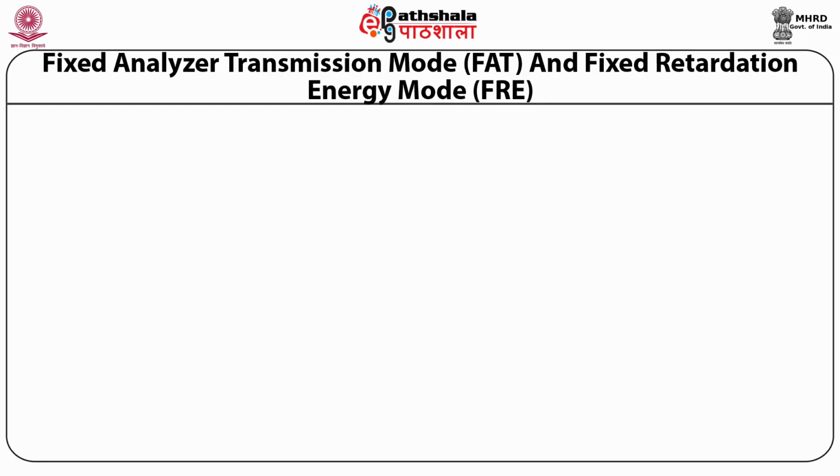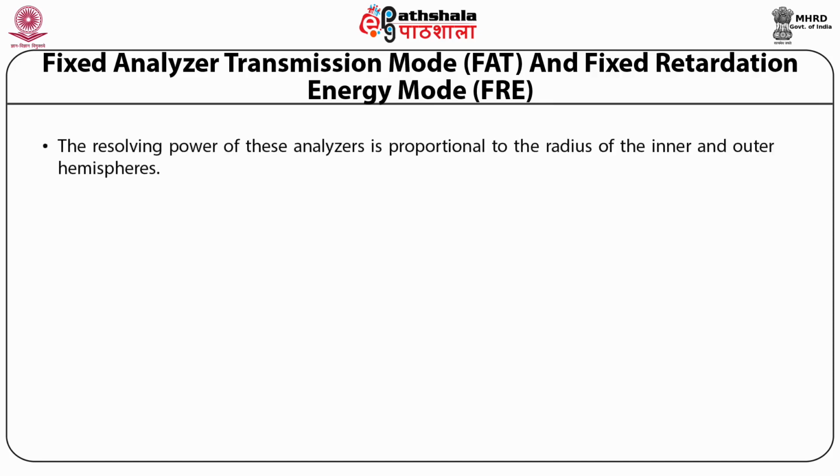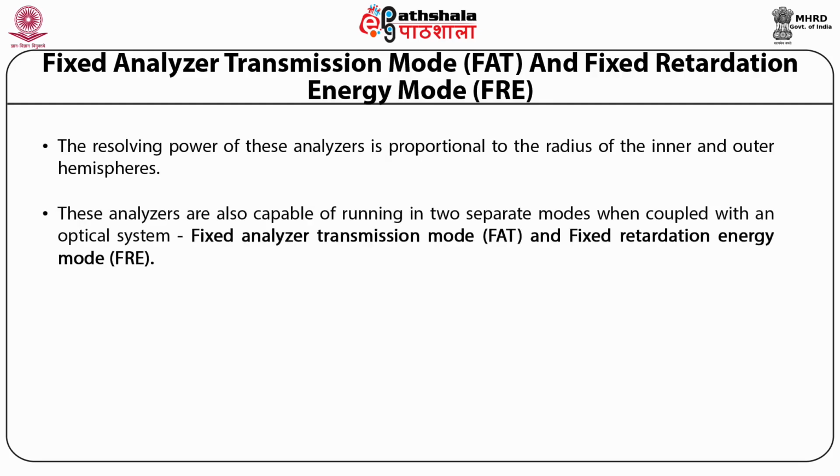Now we will discuss the fixed analyzer transmission mode and fixed retardation energy mode. The fixed analyzer transmission mode is called FAT and the fixed retardation energy mode is FRE. The resolving power of these analyzers is proportional to the radius of the inner and outer hemispheres. These analyzers are also capable of running in 2 separate modes when coupled with an optical system.